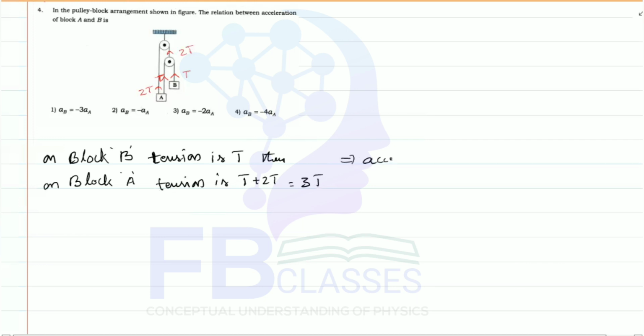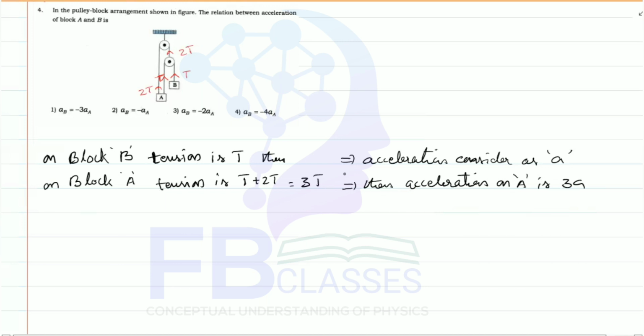Now if you write the accelerations, if the acceleration is considered as A for the B block, then the acceleration on the A block is 3A, right? So now the relation, it is the B block, it is the A block.